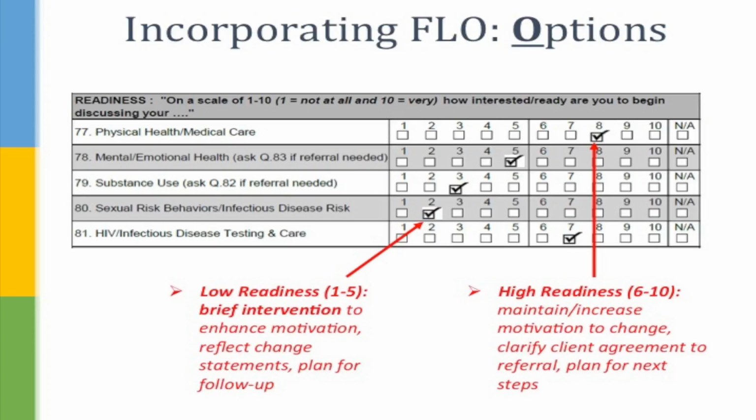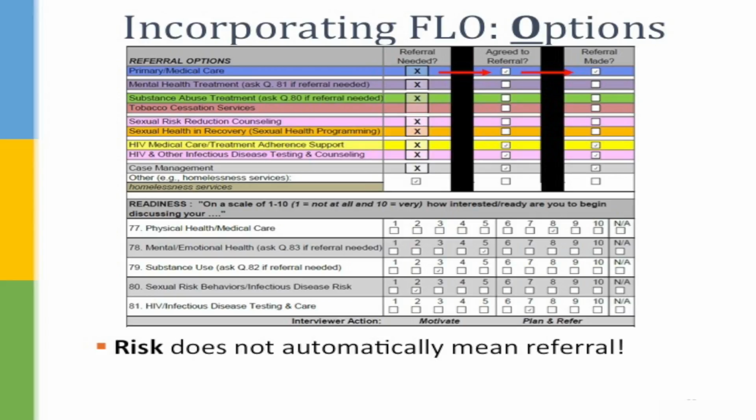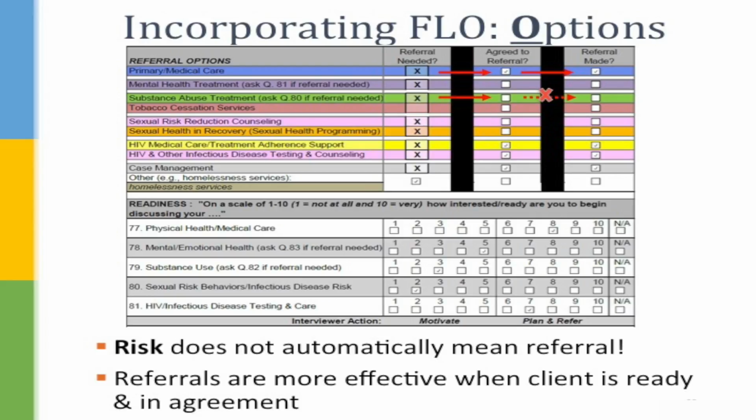If they're high, you want to really work on keeping the motivation and getting them committed to taking action and doing something to take the referral. Just because someone has risk doesn't mean you automatically make a referral. You need to make a referral based on their readiness and their agreeableness to take the referral. And then you make a more effective referral in that way.